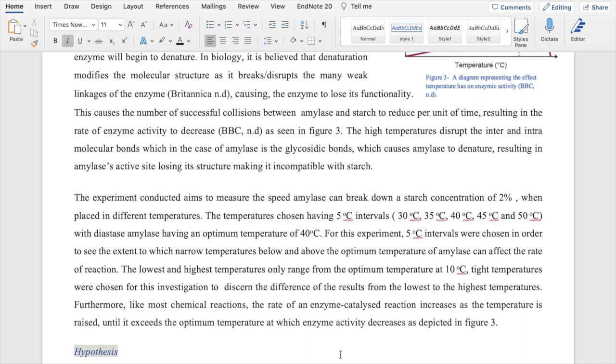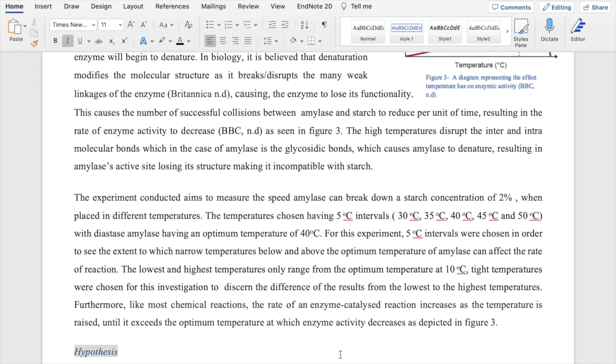Then you have your hypothesis here. The hypothesis is pretty similar to the research question, just what you predict is going to happen. So if the temperature of the water bath increases, the speed and motion of enzyme and substrate will consequently increase, resulting in more frequent collisions occurring between amylase and starch. I just did this from common sense, since you know that as the temperature increases, the rate is supposed to increase.